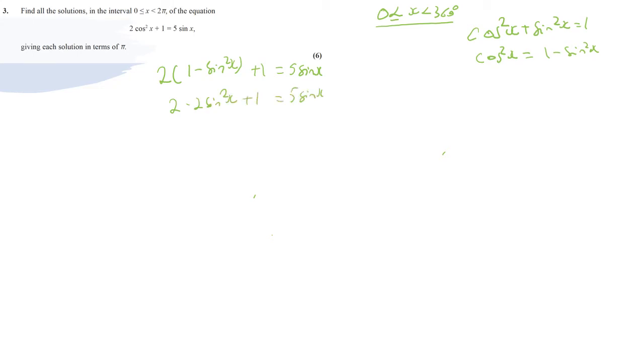If I rearrange the equation, it will be 2 sine squared x plus 5 sine x minus 3 is equal to 0.